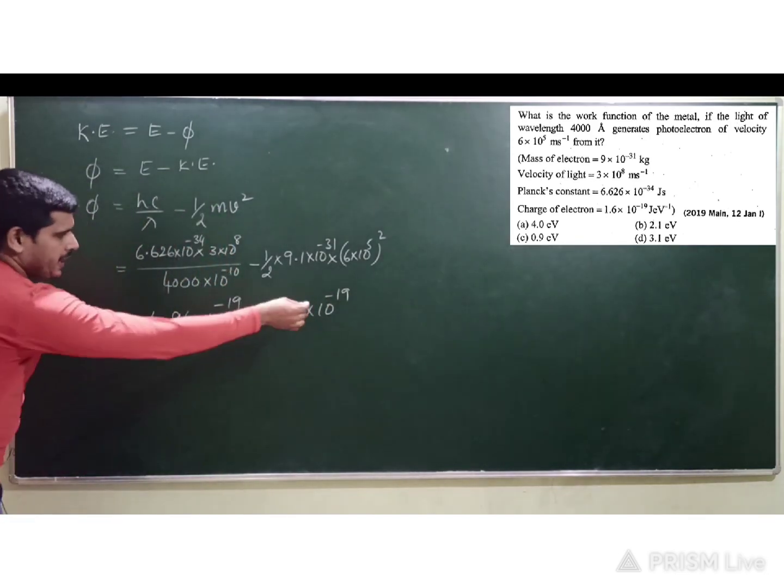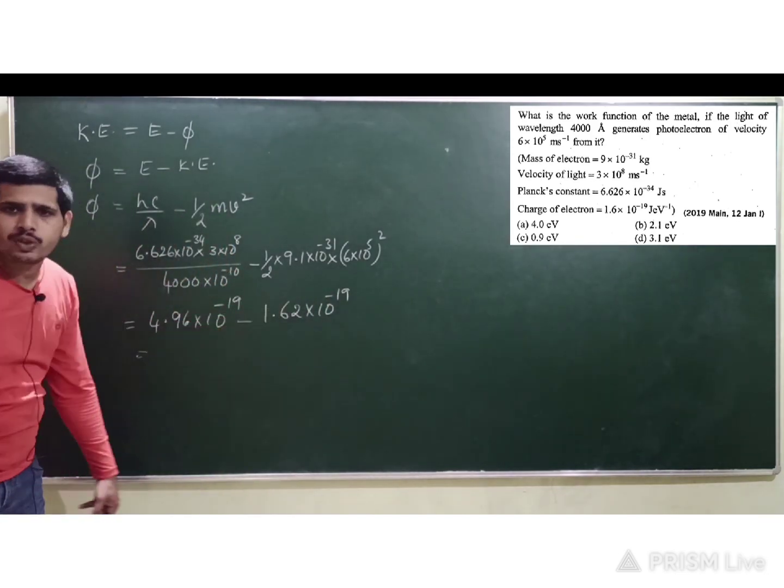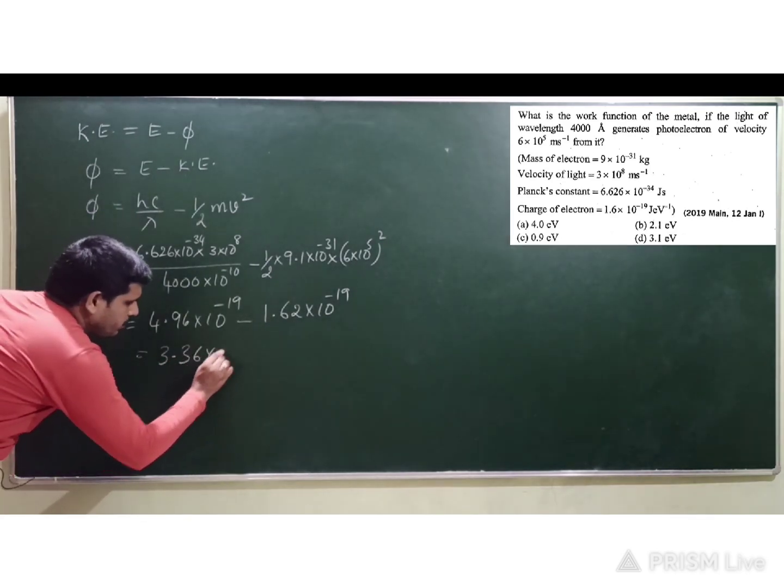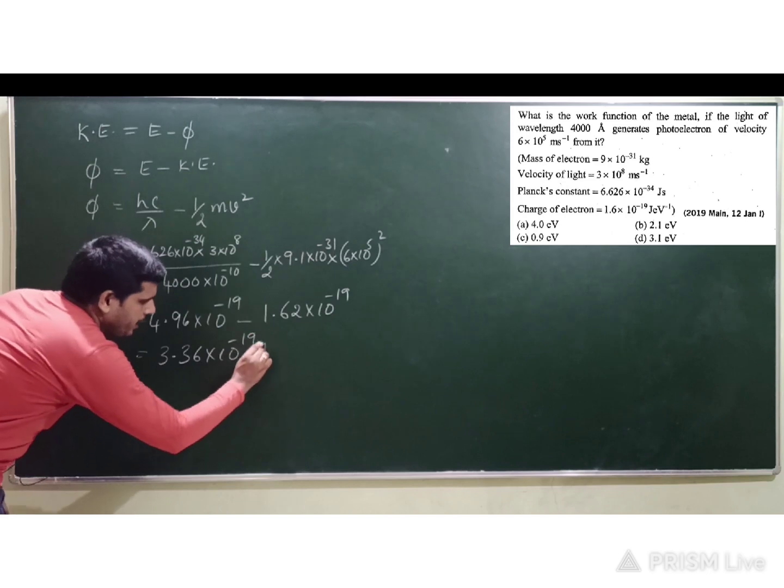So subtract this. 4.96 minus 1.62 is 3.36 into 10 to the power minus 19 joules.